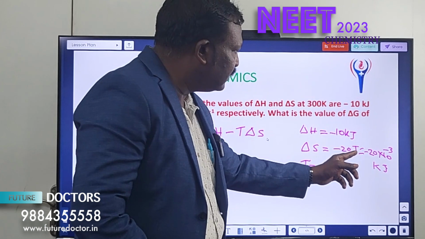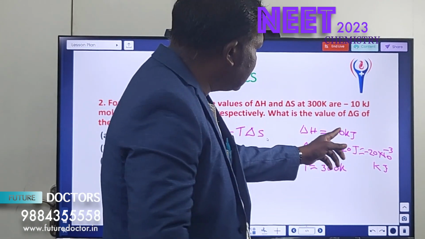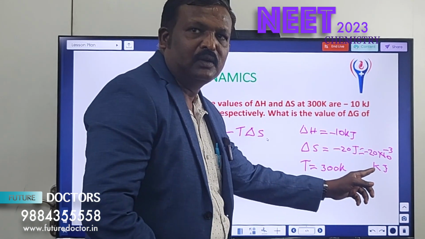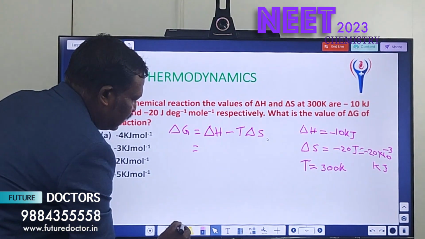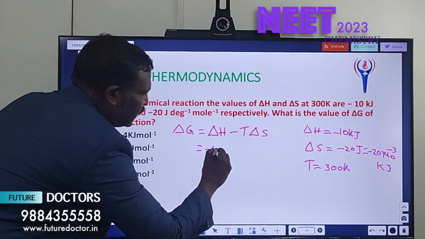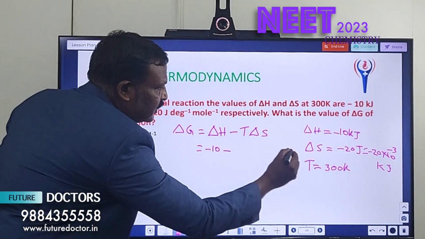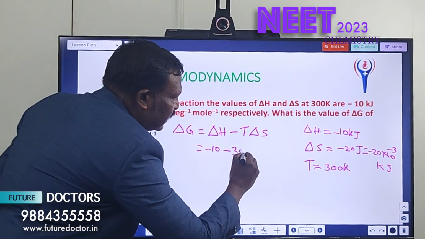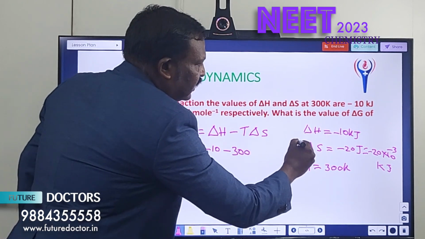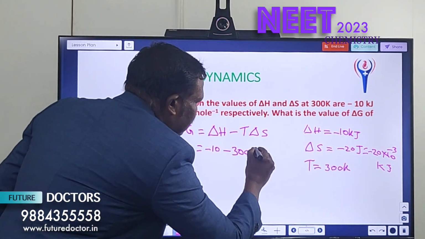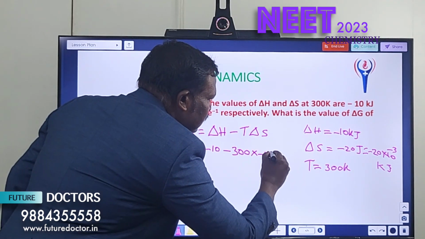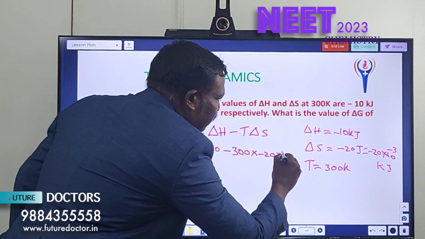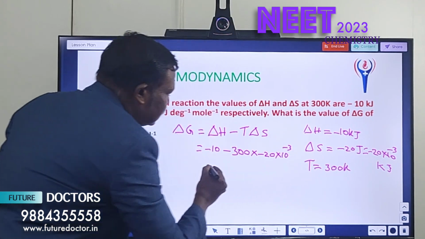Now we are able to substitute. So this is minus 10 minus T, which is 300, into del S, minus 20 into 10 power minus 3. So simple.